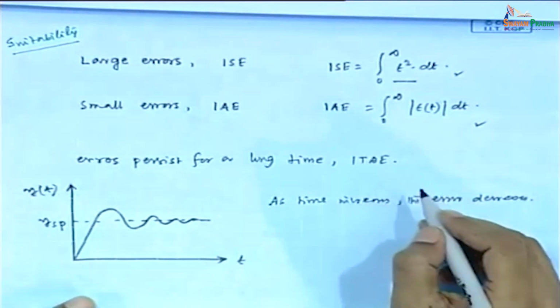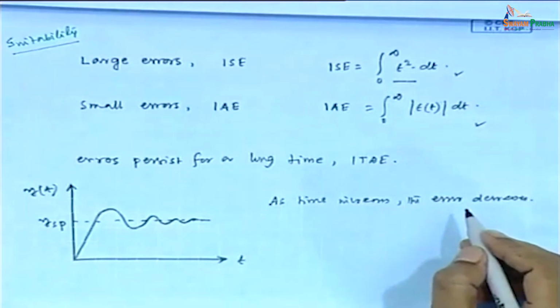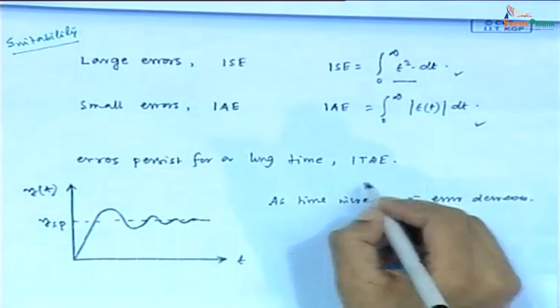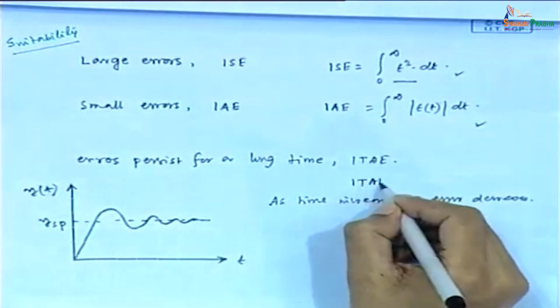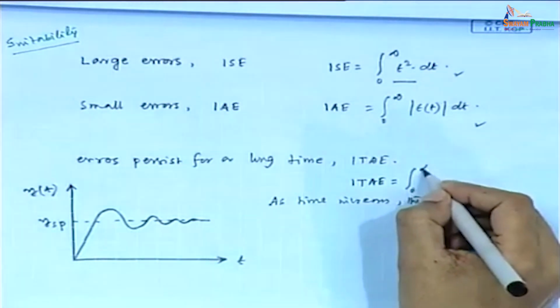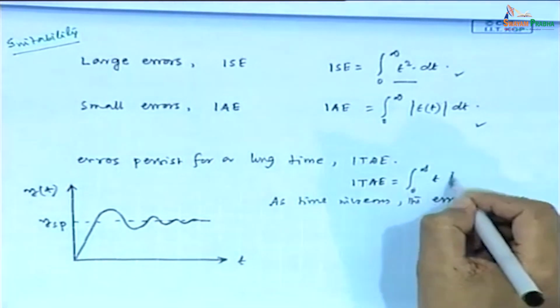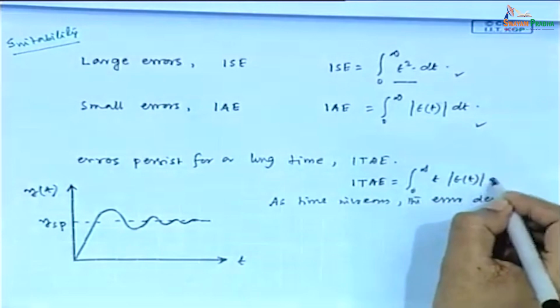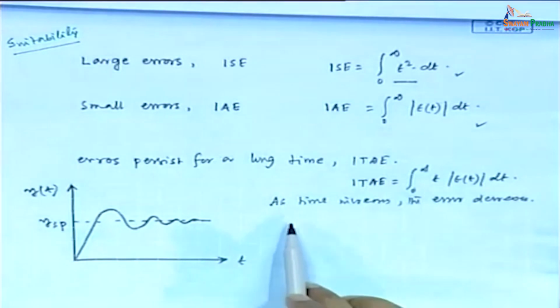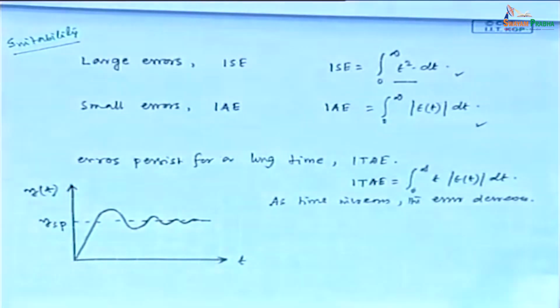Now, in the ITAE performance criterion, the time is multiplied with the error. It is written in this form, t multiplied by epsilon t. Fine. Now, in this figure it is clear that as time increases, the error decreases.